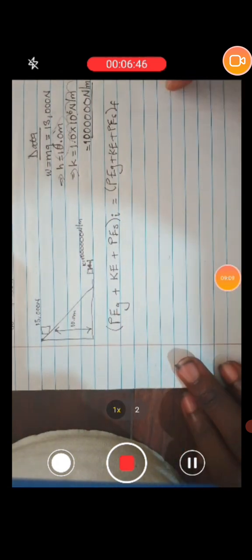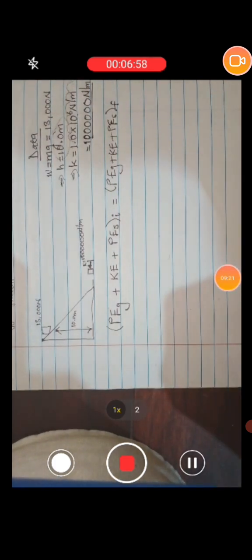So this is the formula. The initial energy should always be equal to the final energy. That's the conservation of energy.